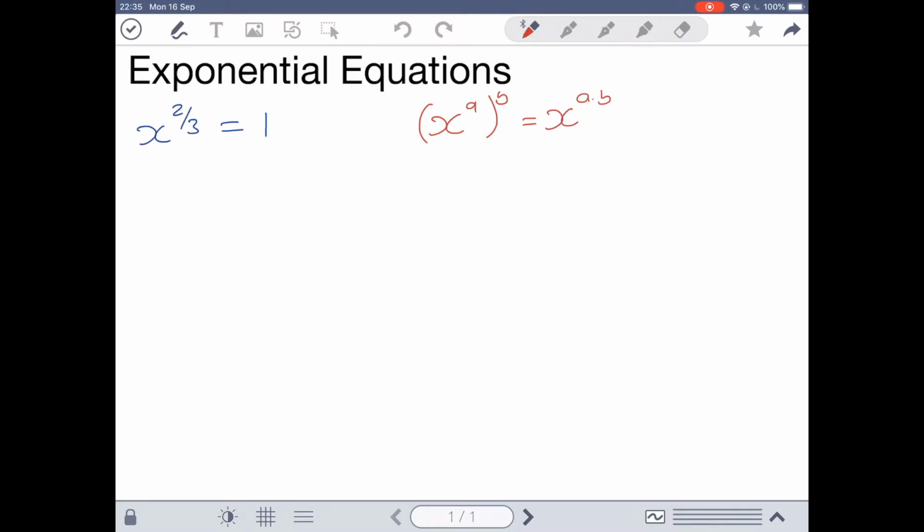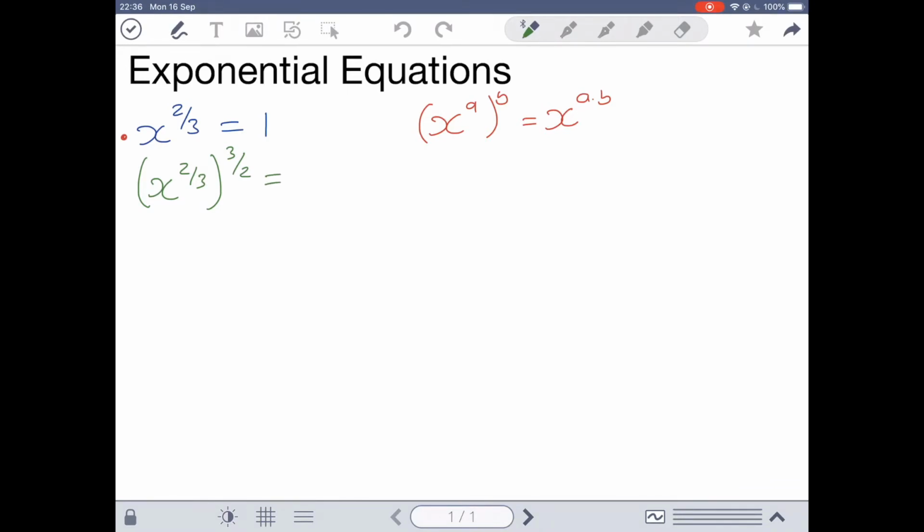What makes this useful is that looking back at my original question, there is a power I can multiply my power with to make it 1. The nice thing about fractions is that you can always multiply a fraction by its reciprocal to get 1. So let's take our x to the power of 2 over 3 and raise that to the power of 3 over 2 and see what we get.